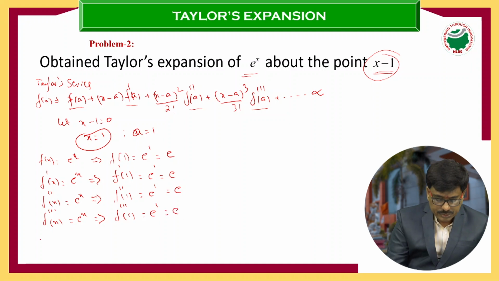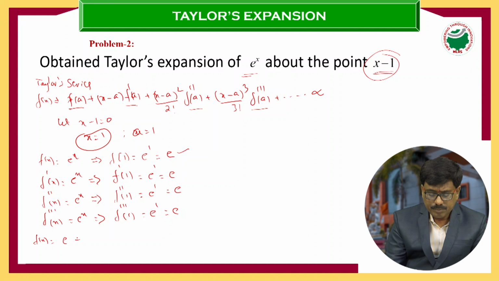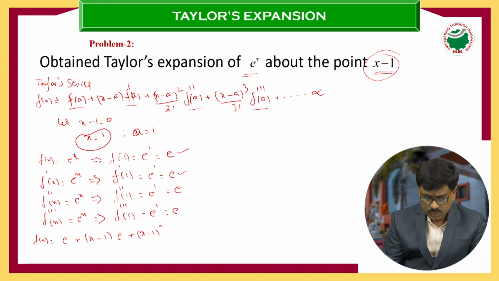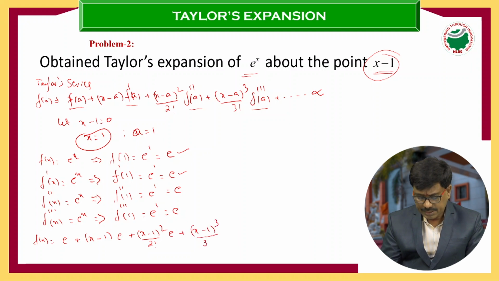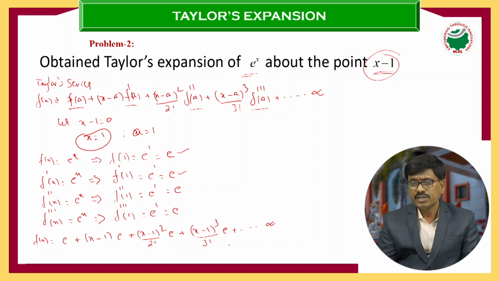Now I am going to substitute into the series. f of x equals e plus (x minus 1) into e plus (x minus 1) whole square by 2 factorial into e plus (x minus 1) whole cube divided by 3 factorial into e plus so on up to infinite terms.